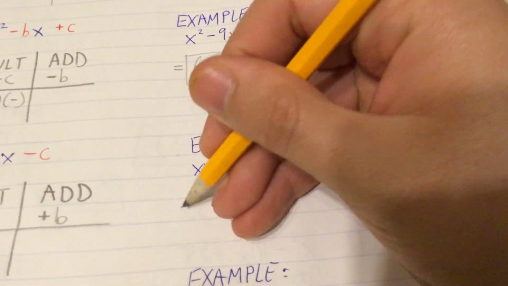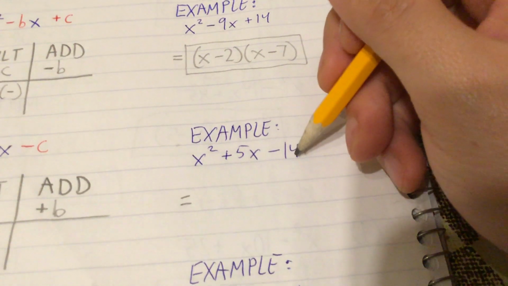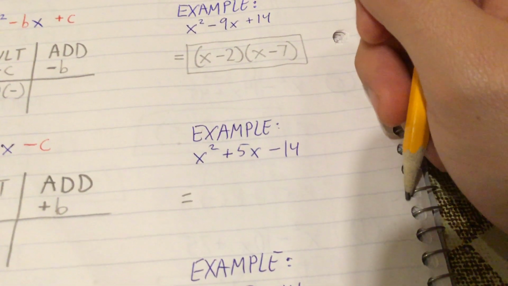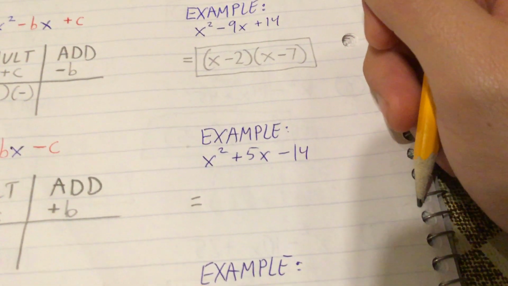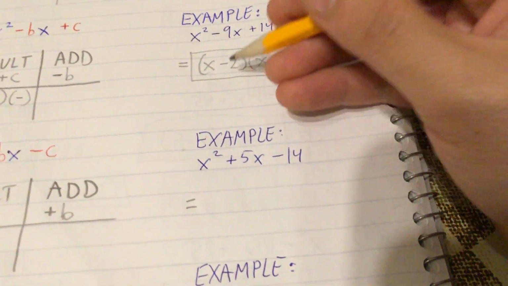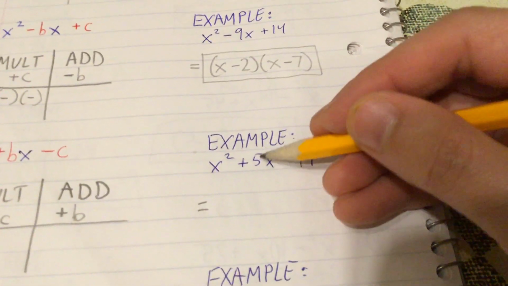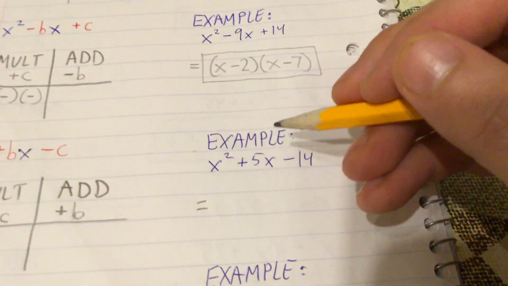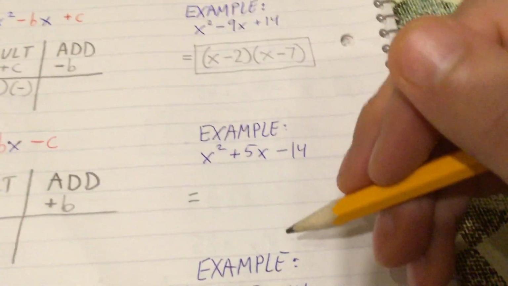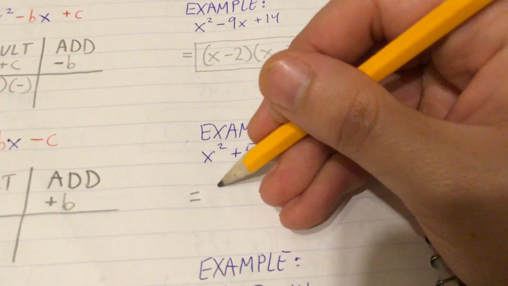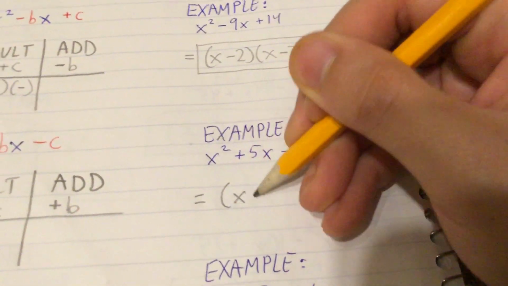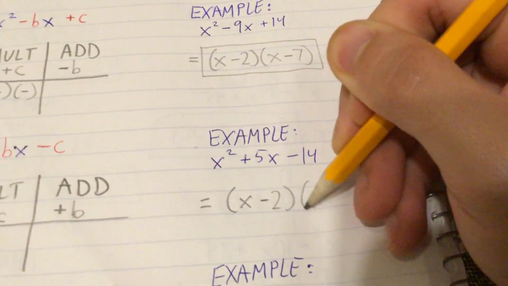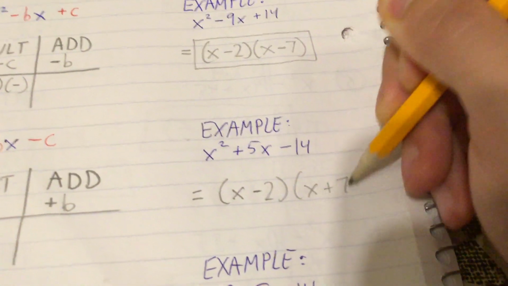What two numbers are going to multiply to negative 14 and add to positive 5? Well, if it's going to be some sort of combination of 2 and 7, I want the bigger number to be positive. I want the positive to overpower the negative. So it's going to be x minus 2, x plus 7.